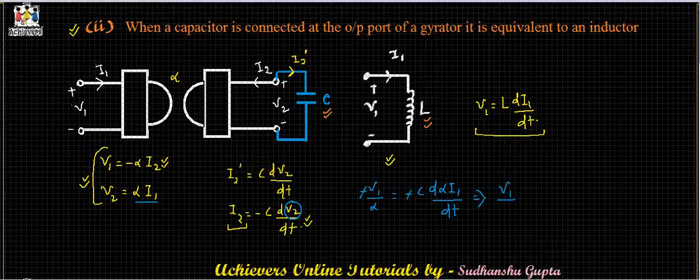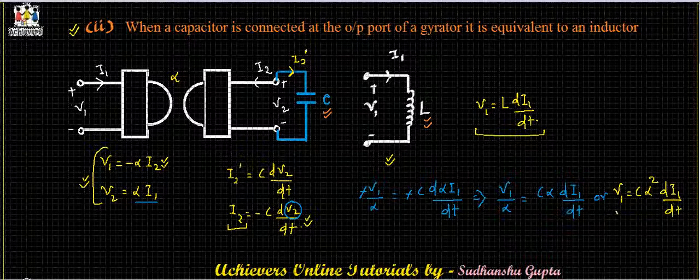V1 upon alpha is equal to C alpha dI1 upon dt, or V1 is equal to C alpha square dI1 upon dt.